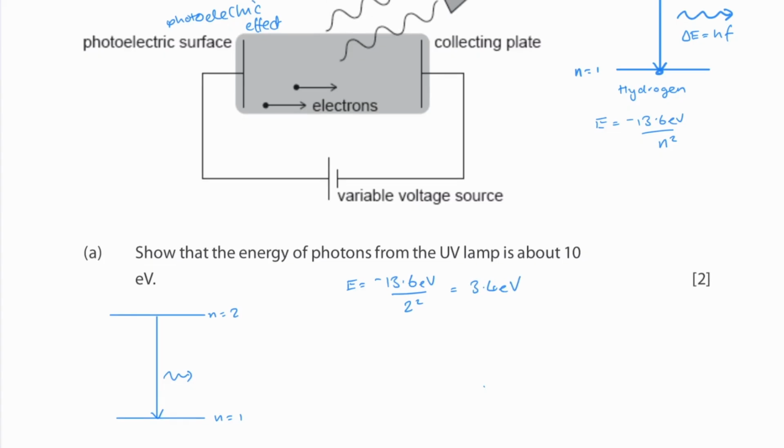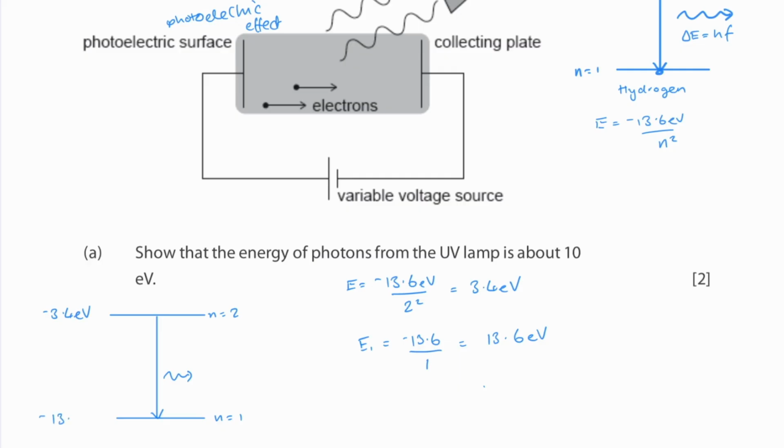So here we've got minus 3.4 electron volts. And for the ground state, we've got minus 13.6 divided by 1, which gives us 13.6. You'll notice I haven't included the negatives here just because it doesn't really matter at this stage.